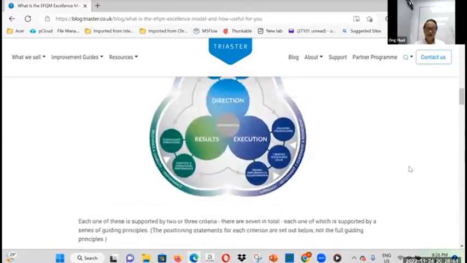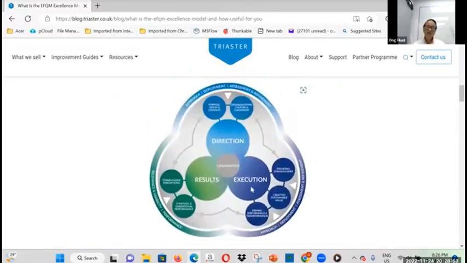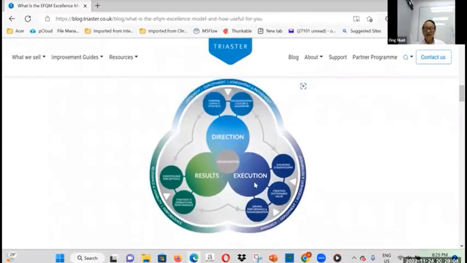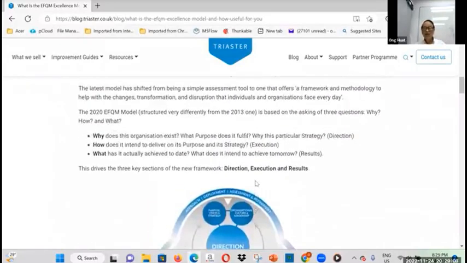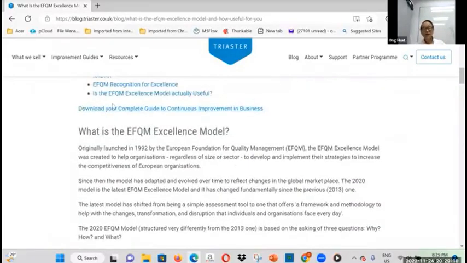What is direction? Because the three circles seem to be very important in this model. So you don't have to write this model in your task 3.1 or 3.2, but if you are able to link a little bit here, I think it will be much better because they are insisting that you must have knowledge on this model, right, to satisfy your criteria.